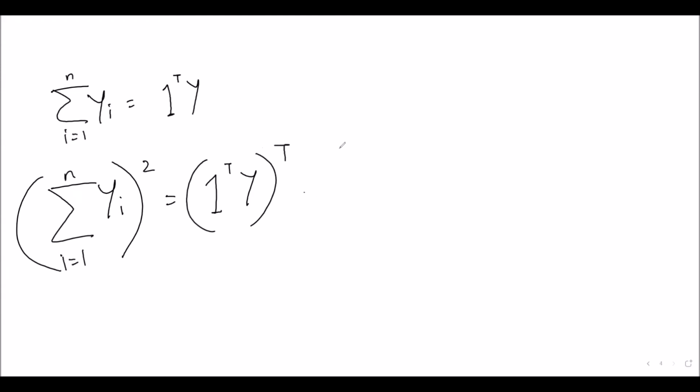This thing transpose times this thing. This is just algebra. So how do you work with this when there's a transpose here? How do you distribute this transpose among these two matrices? You interchange the order and apply the transpose.